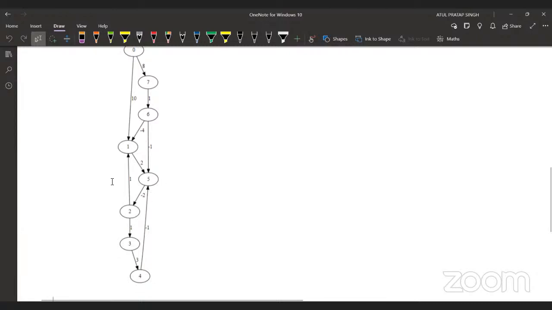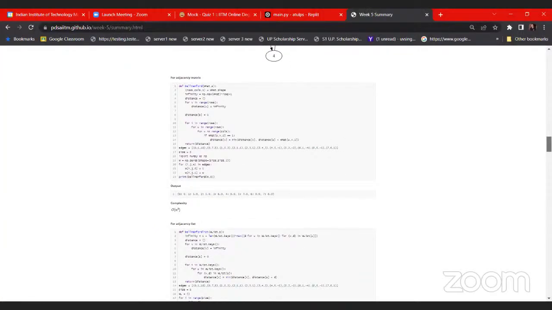So this graph contains negative weighted edges, but no negative weight cycle. So we can apply the Bellman-Ford algorithm on that graph. What is the concept of the Bellman-Ford algorithm?